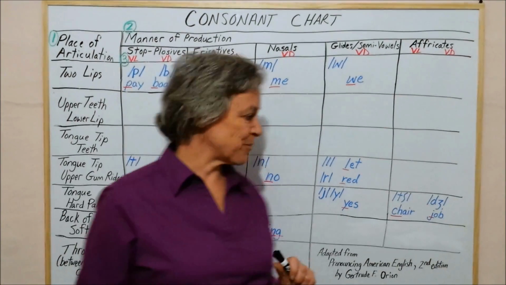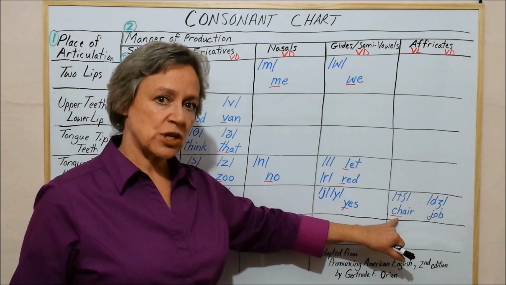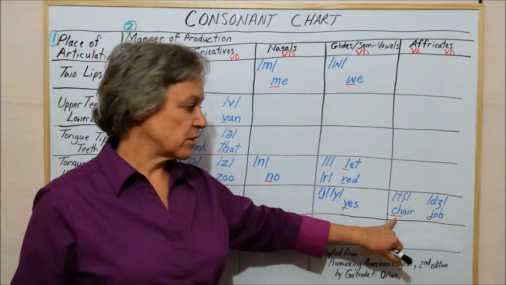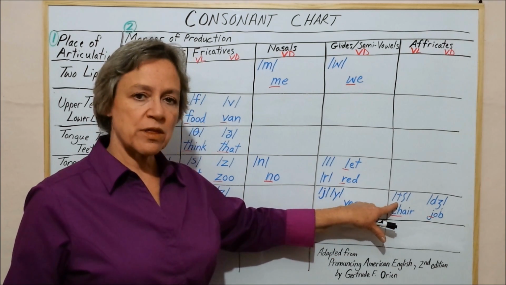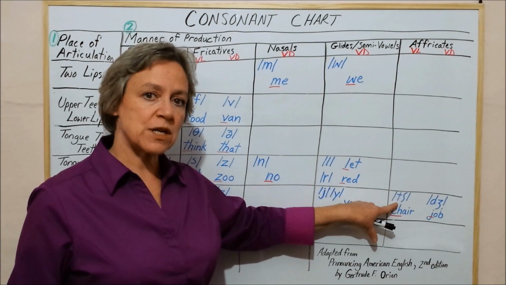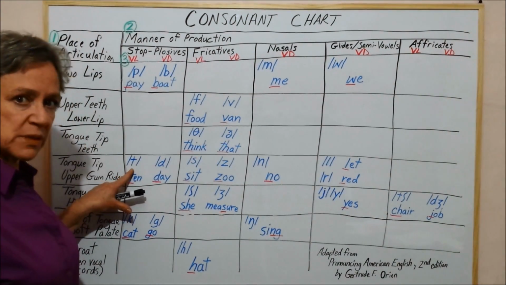So let's take a look over here. This sound here, this is ch, as in chair. So it begins with a t, which is a stop sound.